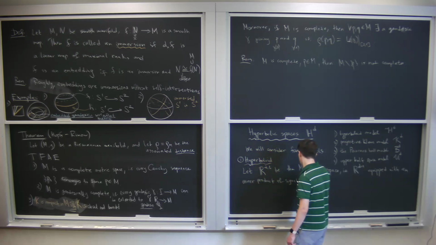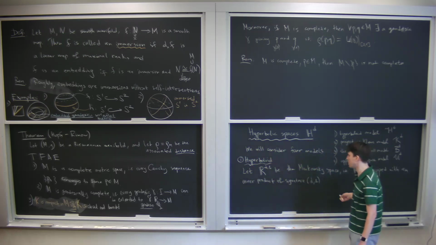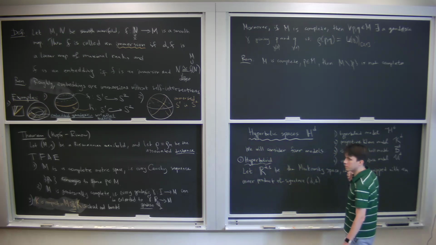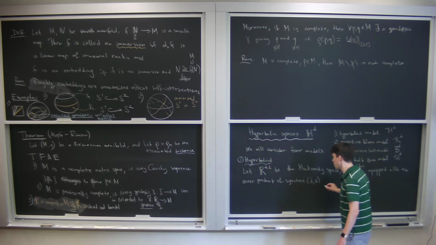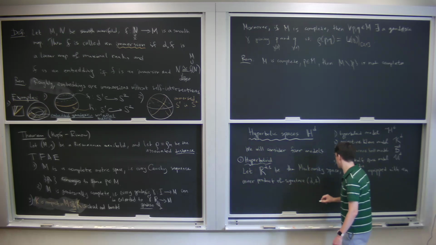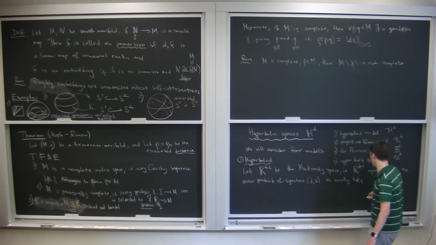of signature (D,1). You can take any form of signature (D,1), but over R these are all equivalent to one certain form, so to an inner product with signature (D,1). We usually take the following form.